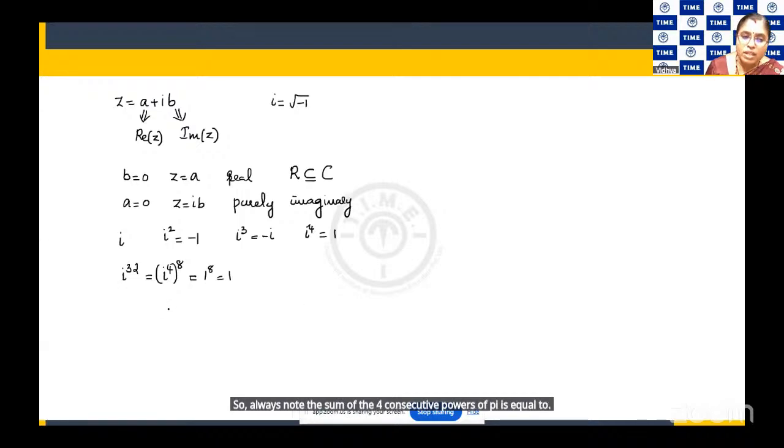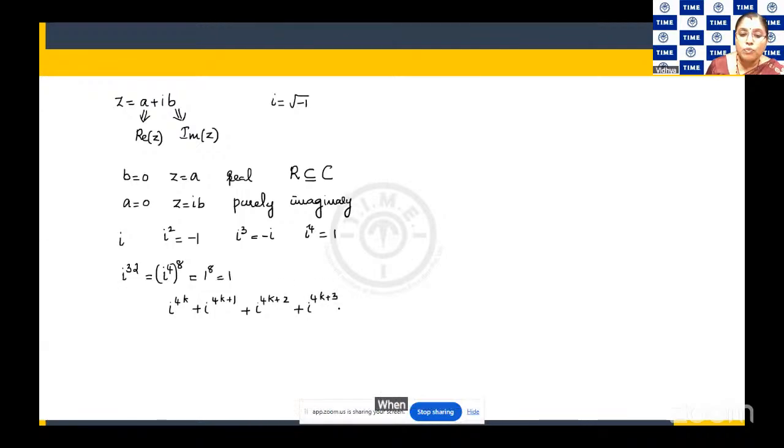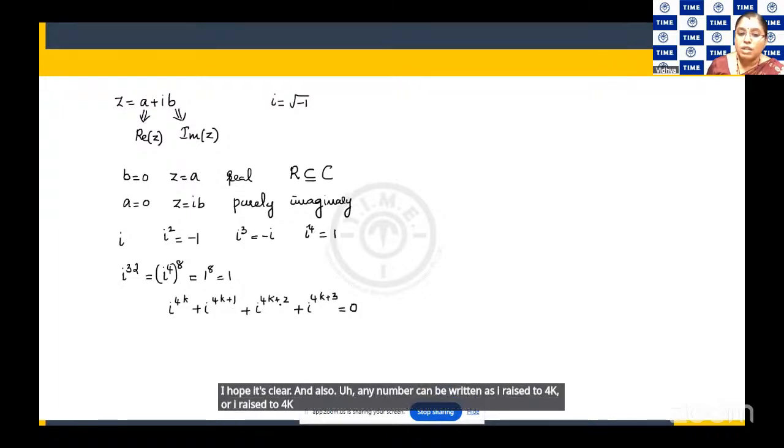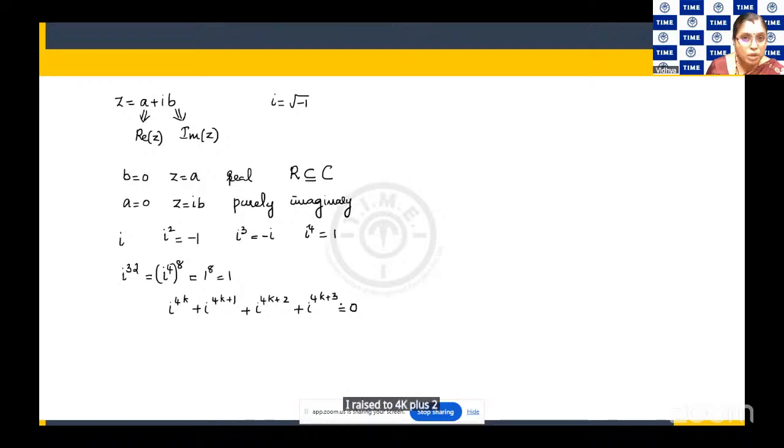So I can write it as i raised to 4k plus i raised to 4k plus 1 plus i raised to 4k plus 2 and i raised to 4k plus 3. When you add the four powers of i, the sum will be equal to 0. I hope it's clear. And also, any power can be written as i raised to 4k or i raised to 4k plus 1, i raised to 4k plus 2 and i raised to 4k plus 3. I hope it's clear so far.